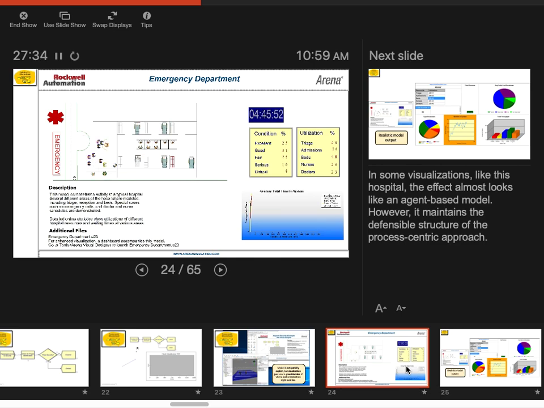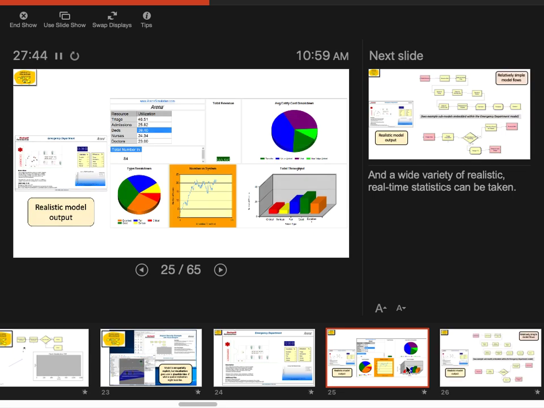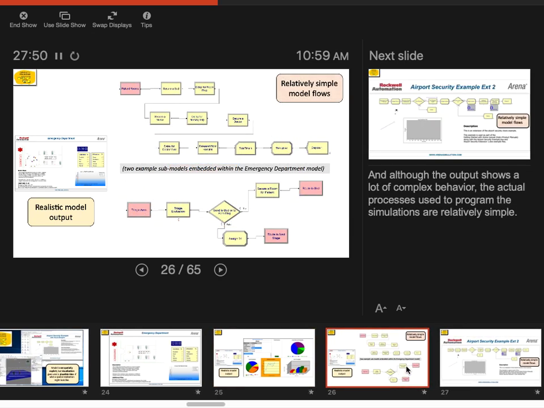And I can keep track of stats right alongside here, as if I have a God's eye view of a real hospital. And then with those, I can even aggregate those stats. These are right inside Arena. It can give you all these different data that come right out of that model. And what's actually driving this is just a relatively simple set of flowcharts that look just like this.